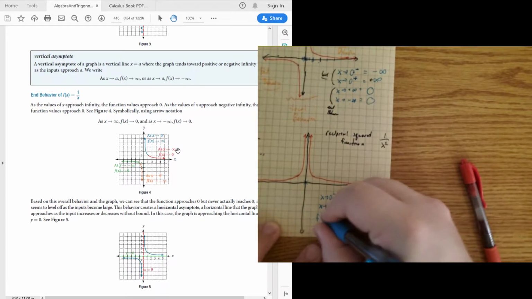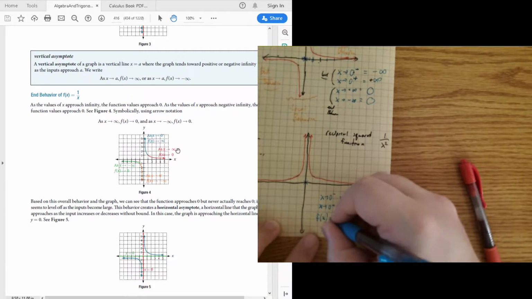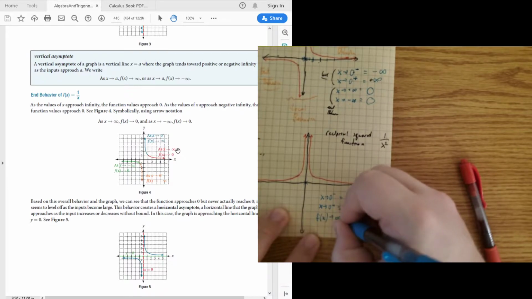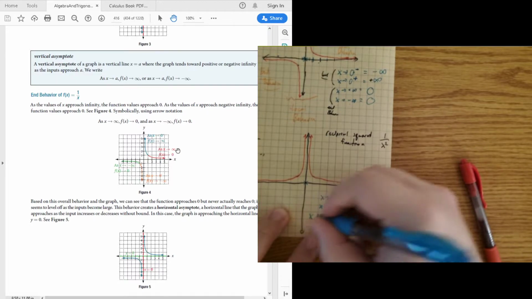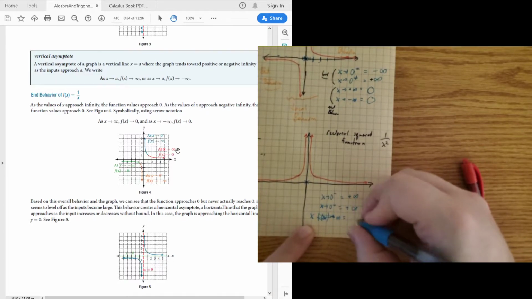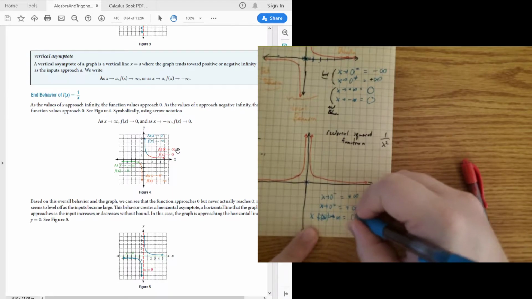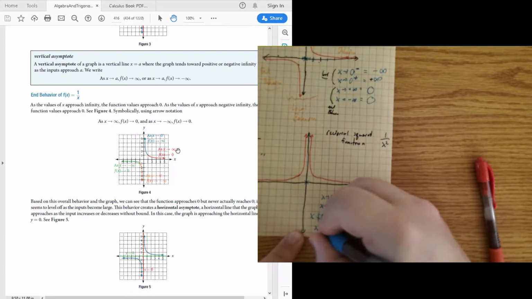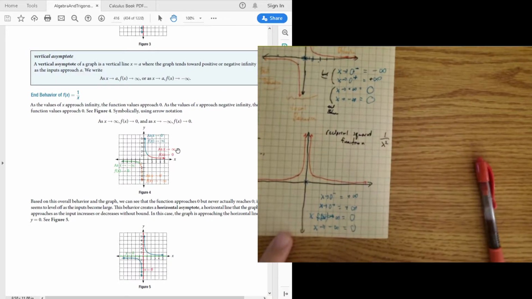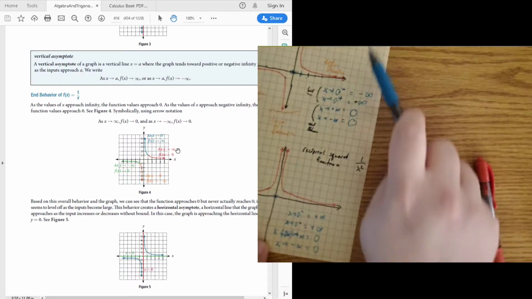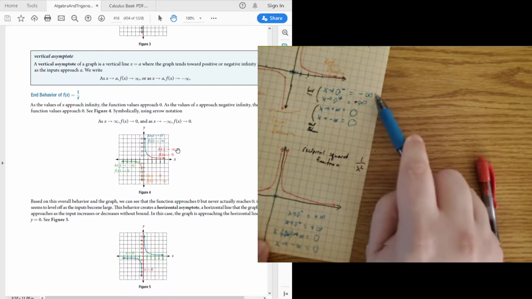What happens as x approaches infinity? Well, this function approaches 0. What about x approaching negative infinity? Well, it also approaches 0.